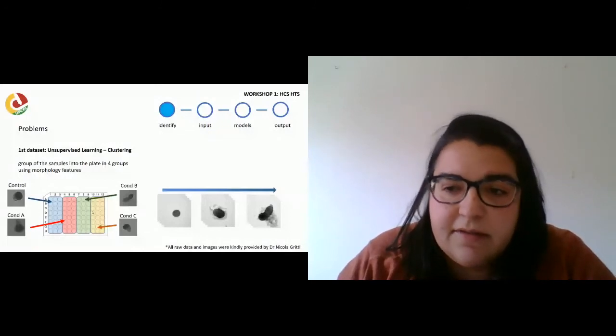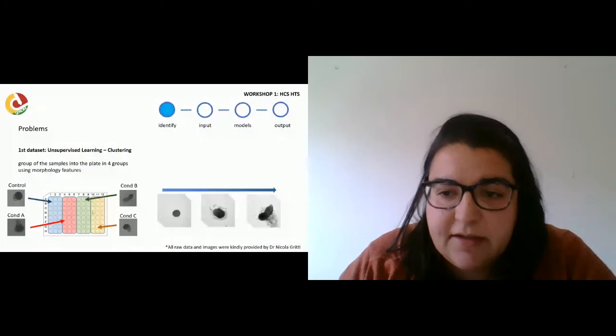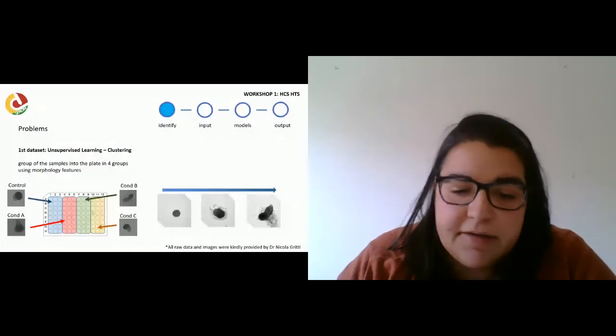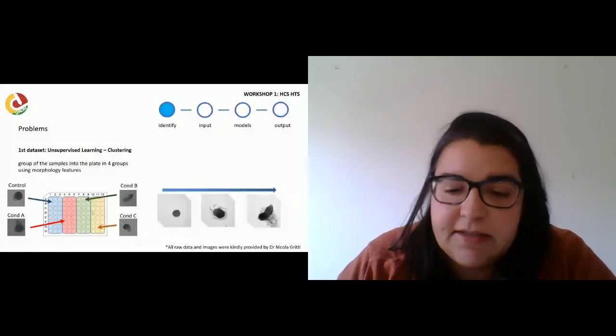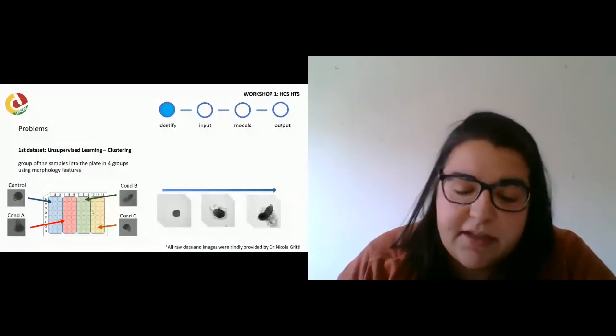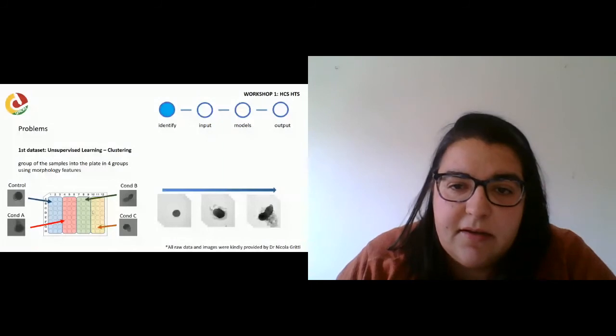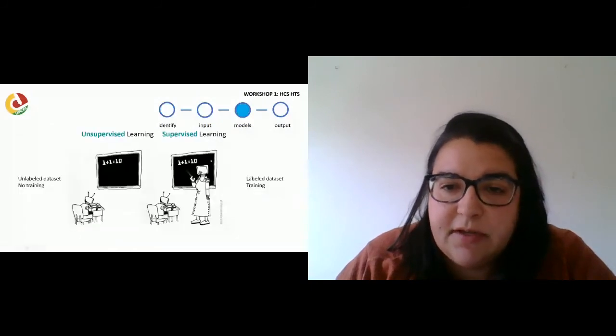And the second one, supervised learning, needs training. For unsupervised learning, the main difference is that our data don't need labels. If you use a supervised method, we need our data set to have a label.